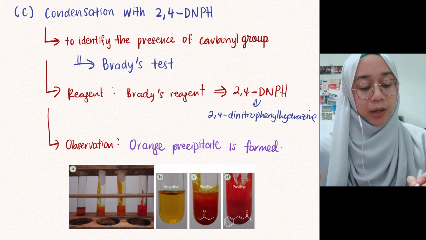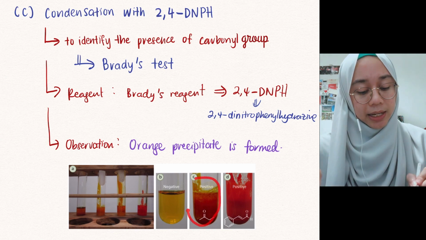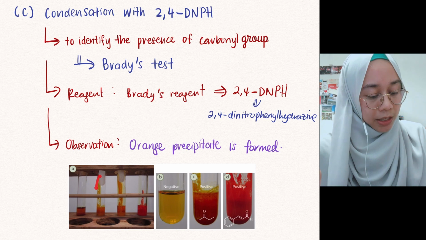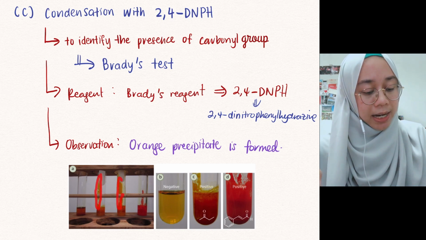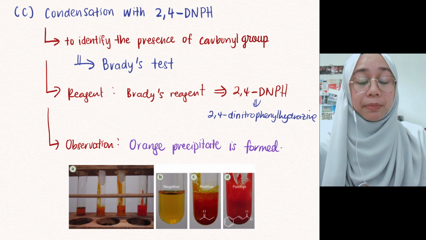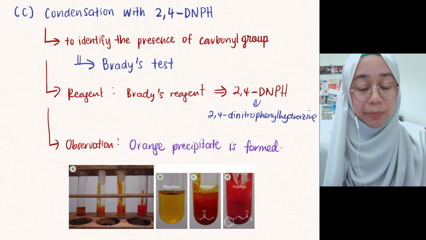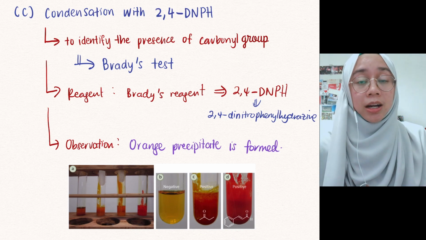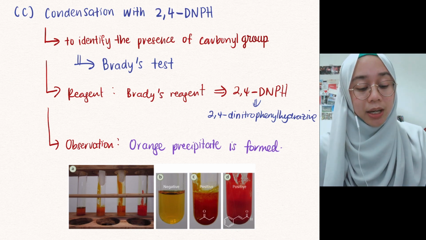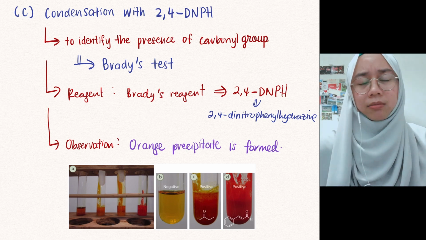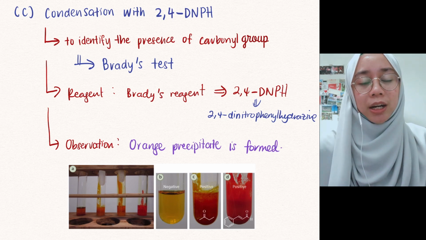Meanwhile kalau kamu tengok yang C dengan D ni, dia ada precipitate. Kadang-kadang dekat tepi-tepi dinding ni pun dah obvious ada precipitate. So bila kita boleh form precipitate from this reaction, it shows that there is the presence of carbonyl group. Carbonyl group can be either aldehyde ataupun keton.